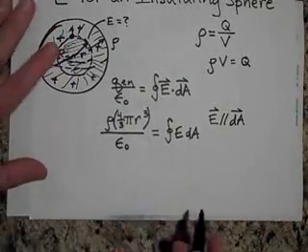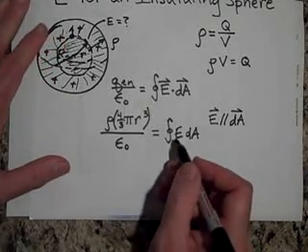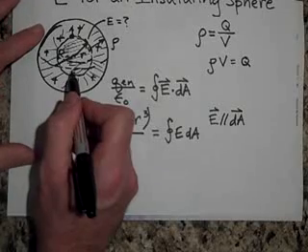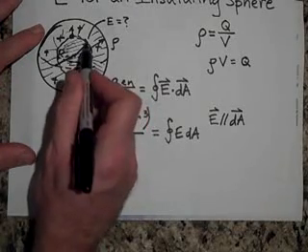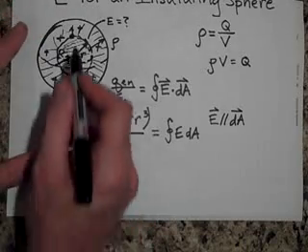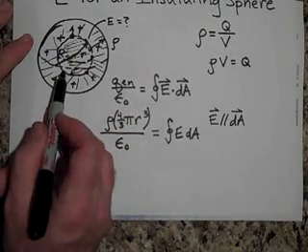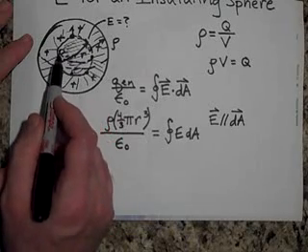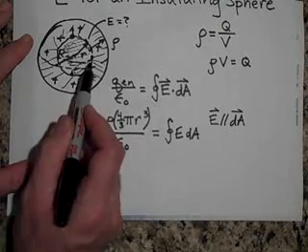And then what we're going to do is pull the E out, because the E is the same here as here as here as here. It's the same at every point on that Gaussian surface because of symmetry. Why would we expect it to be bigger here than there? The symmetry arguments say that there's no difference between this spot and this spot.